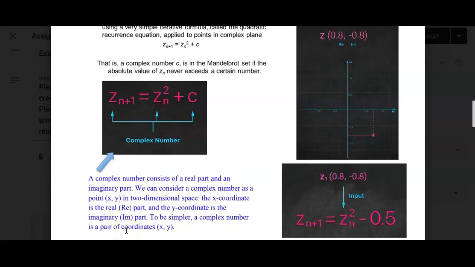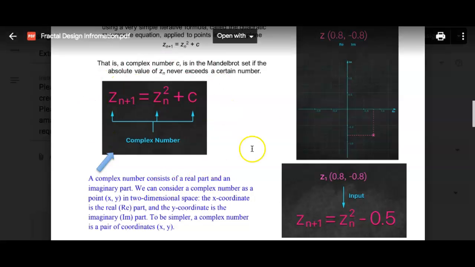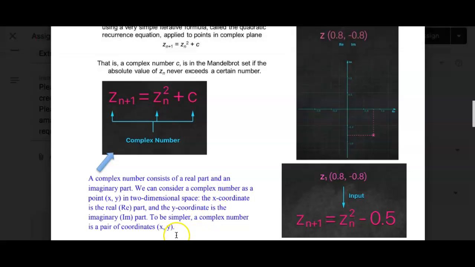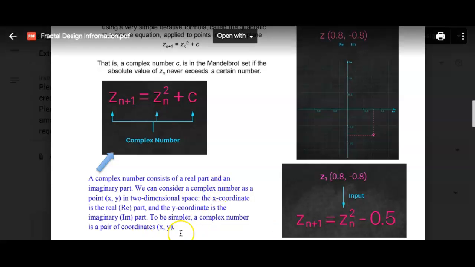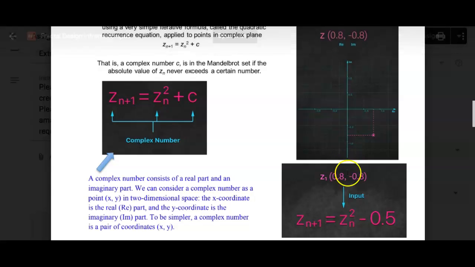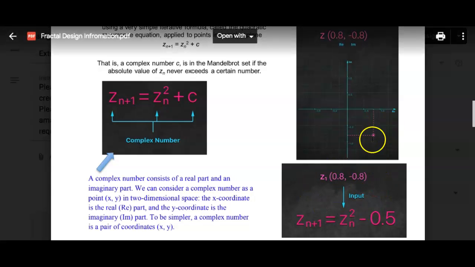So a complex number consists of a real number and an imaginary number together. To be simpler, a complex number is simply a pair of coordinates like x, y on a graph or on a two-dimensional plane.